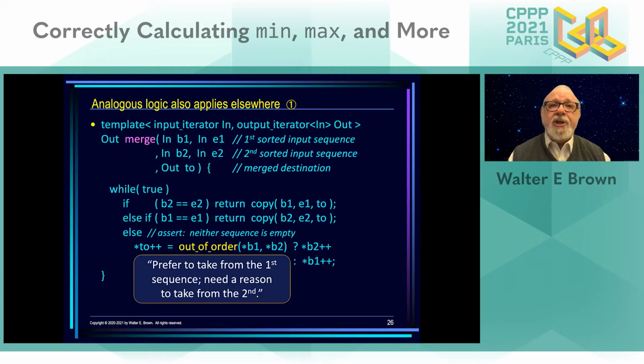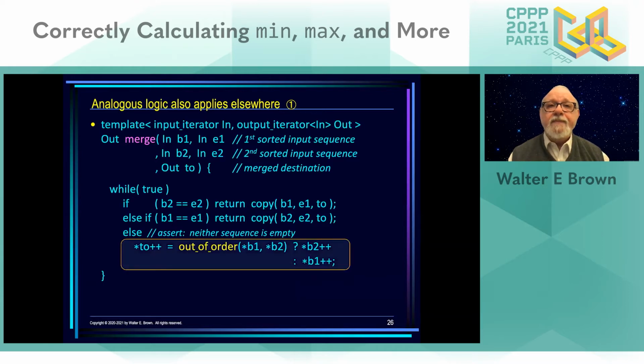The analogous logic, we should prefer to take from the first sequence, and we need a reason to take from the second. So again, we write to the destination, well, if indirect B1 and indirect B2 are out of order, we'll take from B2, but by default, we'll take from B1. And this is what I mean by analogous logic.